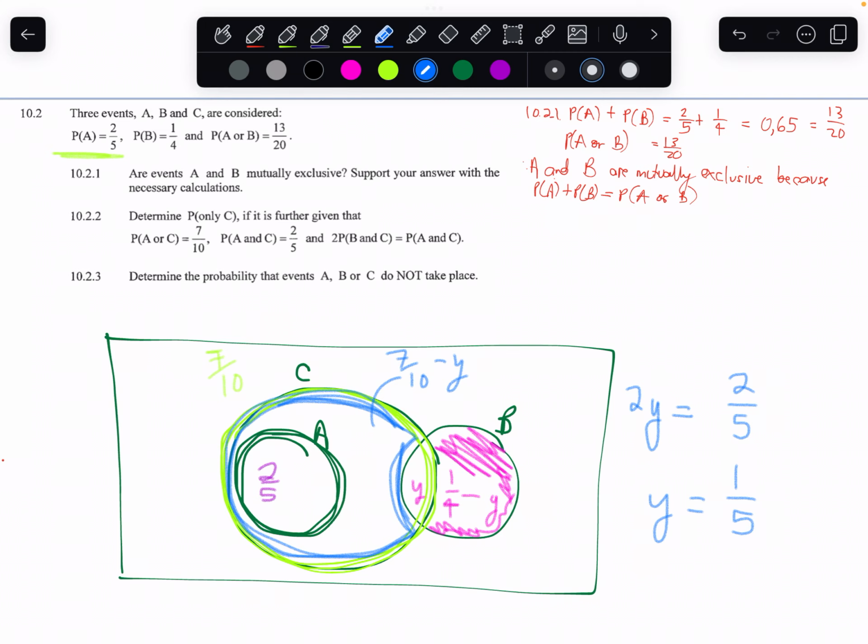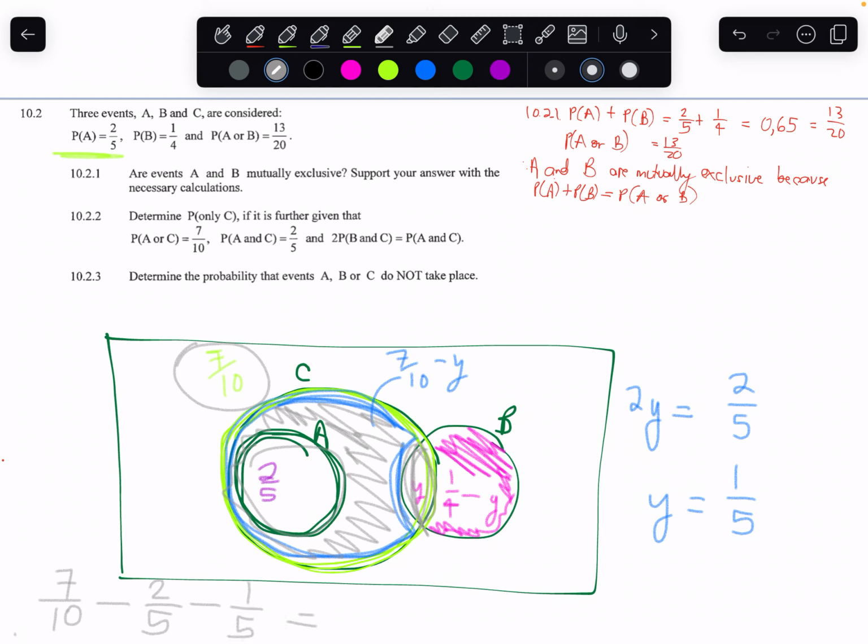And then we're asked, what are the chances of only C happening? So we want this piece over here, excluding the A, excluding the B. And so that would be the 7/10 minus the chances of A happening, and minus the chances of B and C happening, which is 1/5.